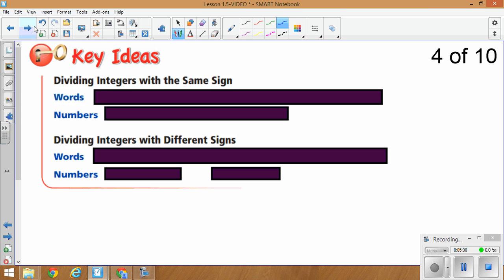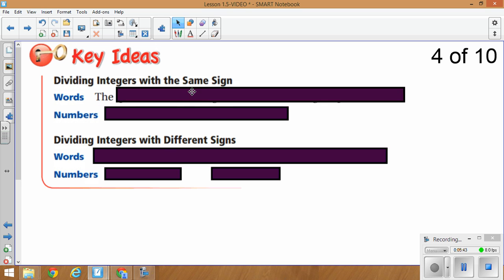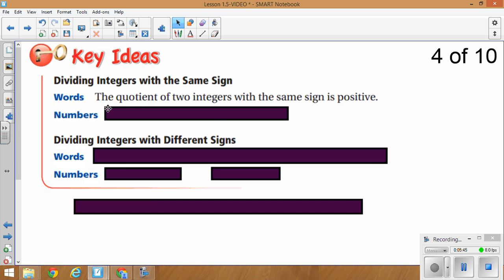We're now on slide 4 of 10. Please write the wording down for the next couple sections. So section 1, we have dividing integers with the same sign. So please write this down. The quotient, the answer to a division problem, of two integers with the same sign is positive.